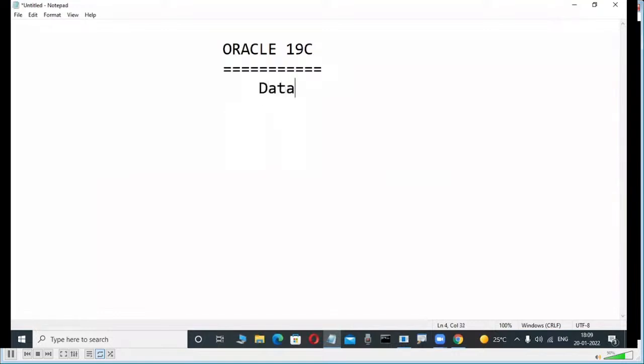Database. Don't write anything, just observe here. But what is the purpose of these database products, everyone knows. Whenever we are installing these database products in our system or company side, what is the main purpose?